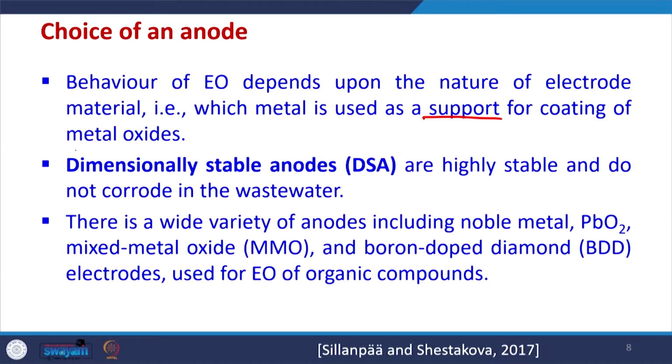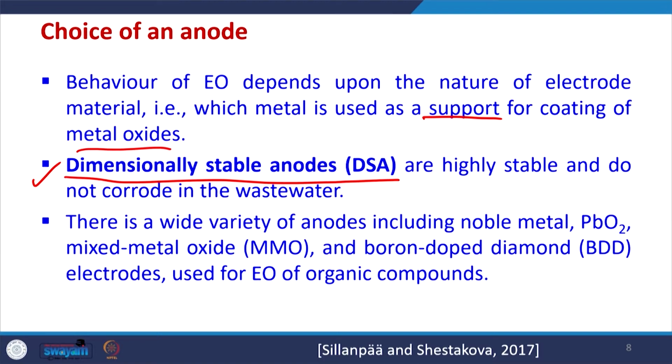So, the behavior of electro-oxidation depends upon the nature of the electrode material, which metal is being used as a support for the coating of some oxide. Both support and coating are important. In electro-oxidation we generally use dimensionally stable anodes, called DSA.